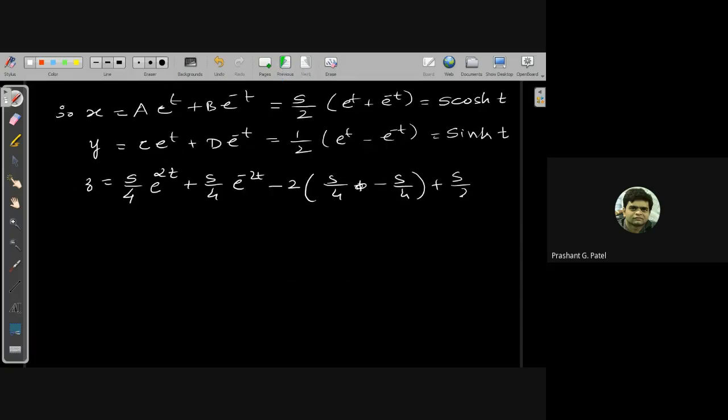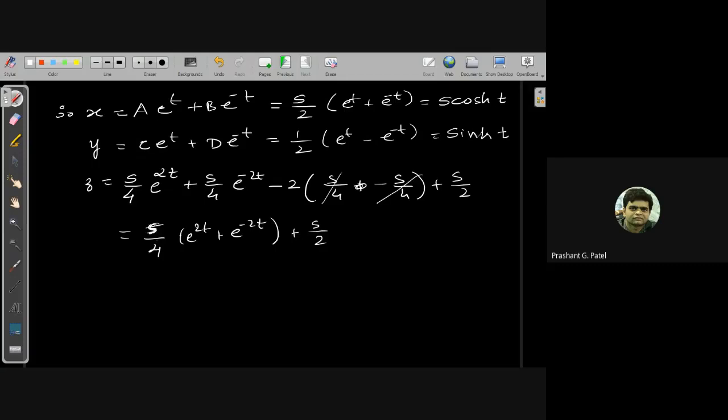So this is S by 2, so that will get cancelled out. And this quantity is nothing but S by 4 e power 2t plus e power minus 2t, plus S by 2.